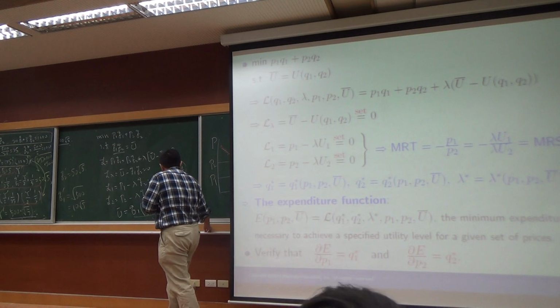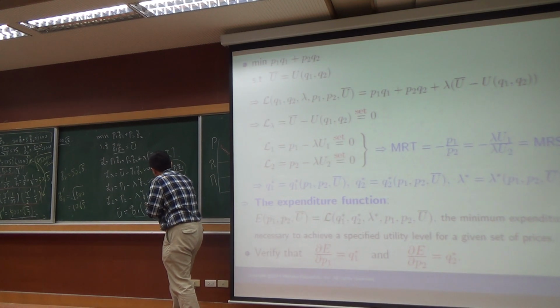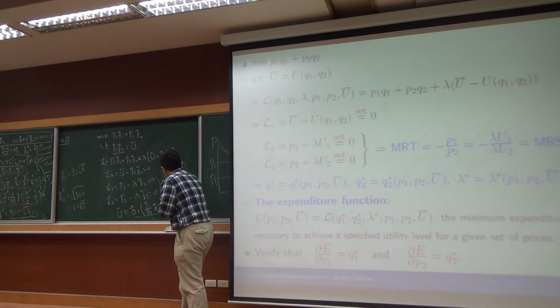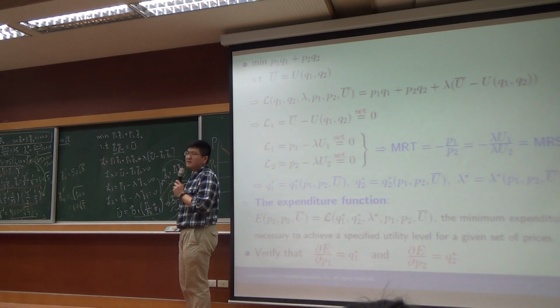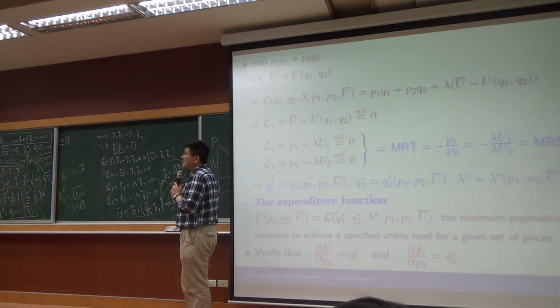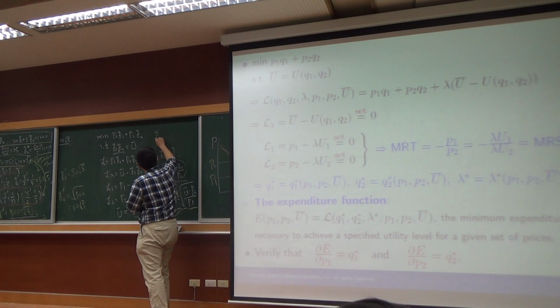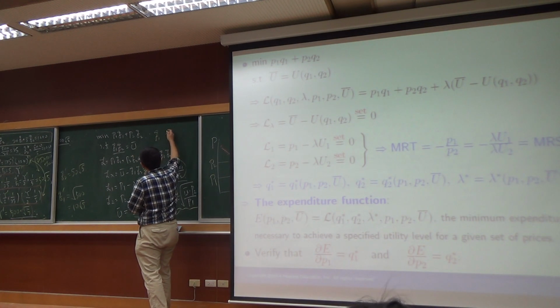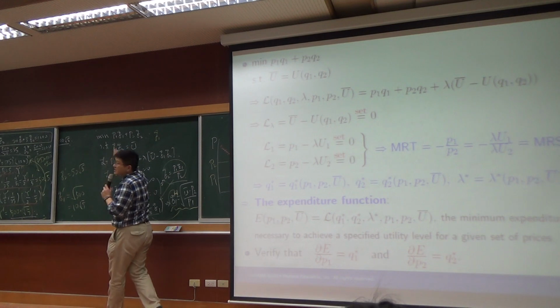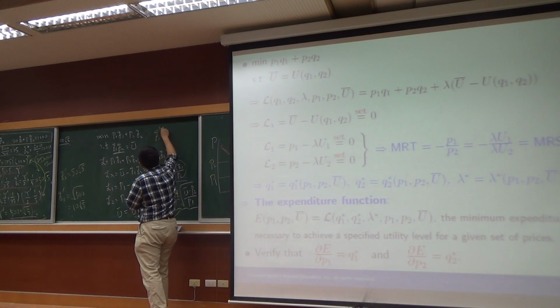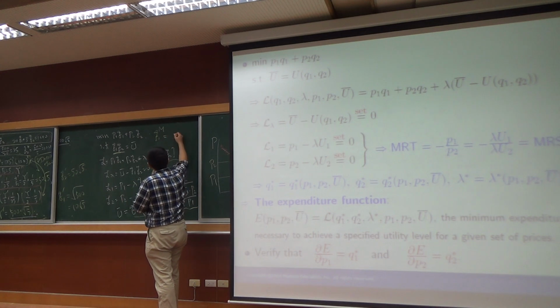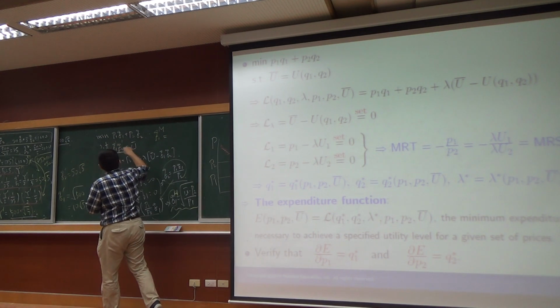Okay, so now let's call that Q prime, or the Hicksian. The Hicksian demand function looks like this. And do you remember, in this case, this kind of utility function, the Marshallian demand would be, since it's 1, 1, right?